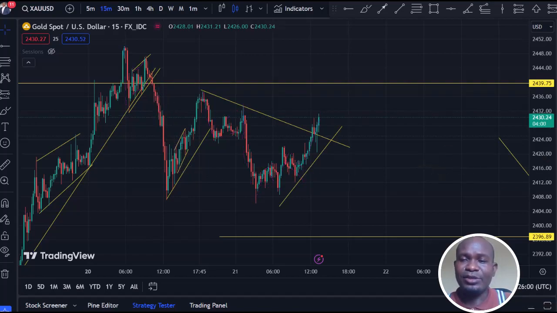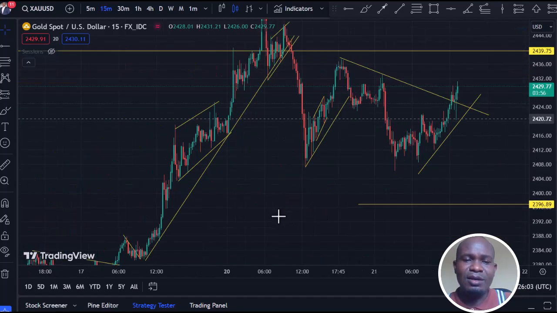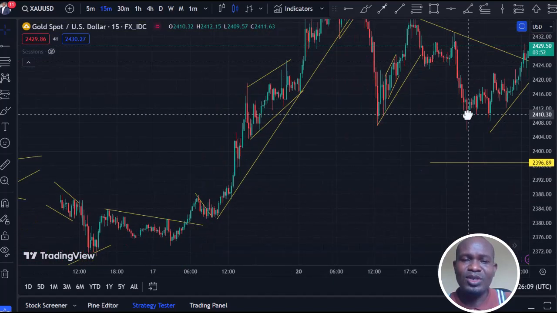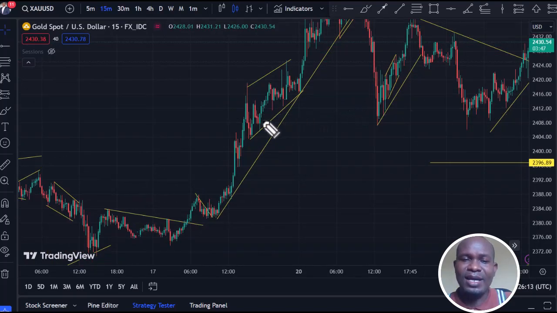Now, if I take you backward, you will see a lot of these setups that we traded, because we are trading based on a recognized pattern that I have seen in the market. You can see here, this was a running flat that was traded on Friday. Actually this one also on Friday.